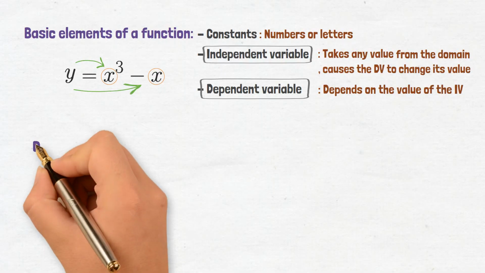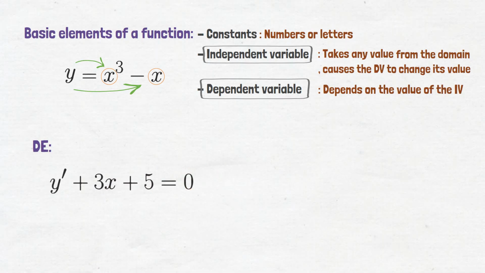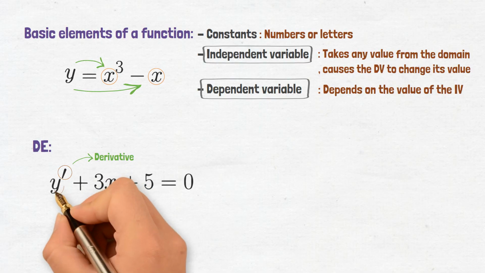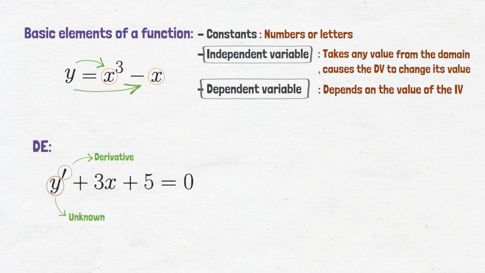If we apply this to a differential equation, we have already seen that the apostrophe is the derivative. Therefore, this y is the unknown and represents the dependent variable, which is the same as the function to be found. Consequently, this x is the independent variable of that function, and the numbers are constants.